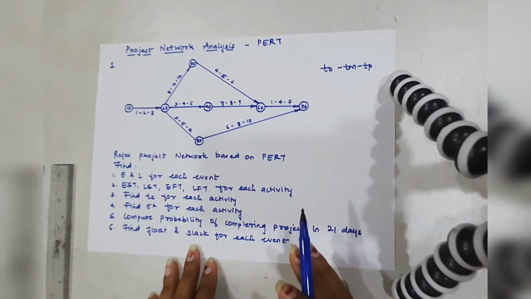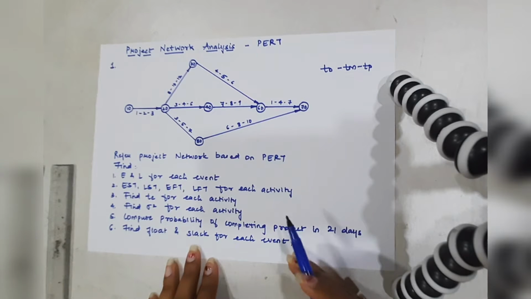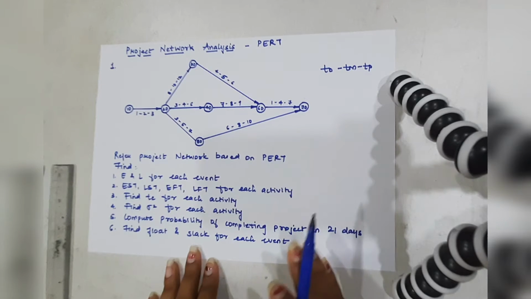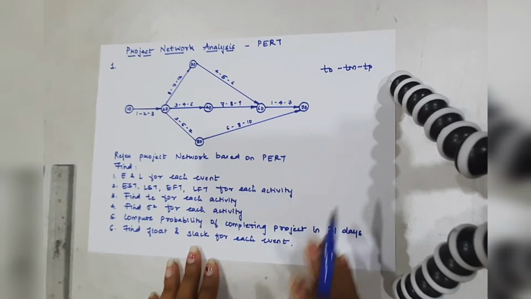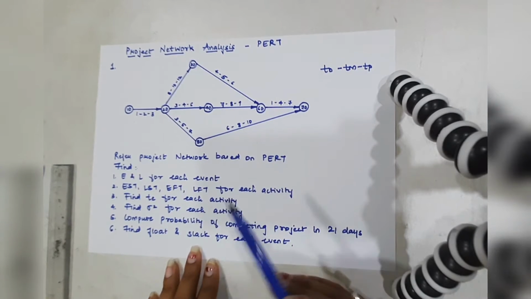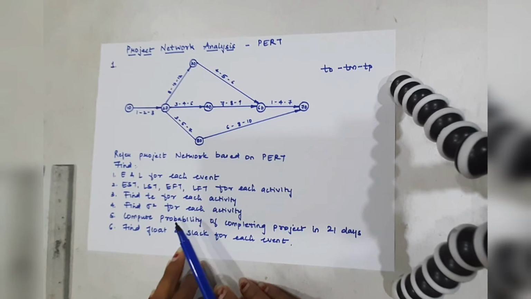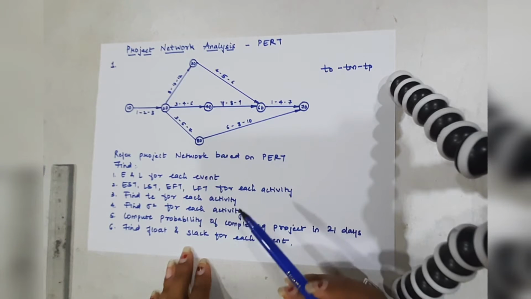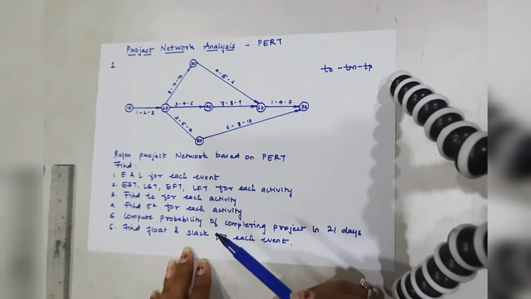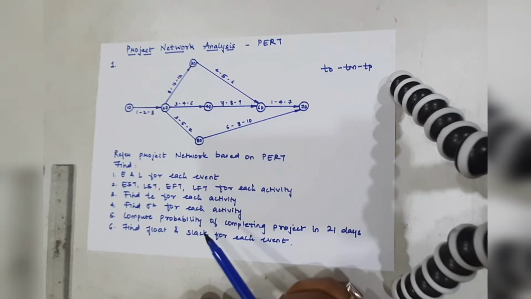TE is a short abbreviation given to expected time, and sometimes it is also referred to as the average time of the activity, and it is taken equal to the mean. There is a formula for TE, which we will see as we proceed into solving the numerical. Next is sigma square, which is also known as variance, and if just sigma, then it is standard deviation. This will be used in the numerical. Why it will be used, we will see in the further video.